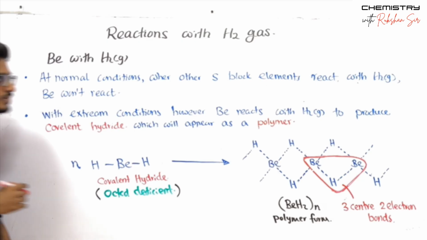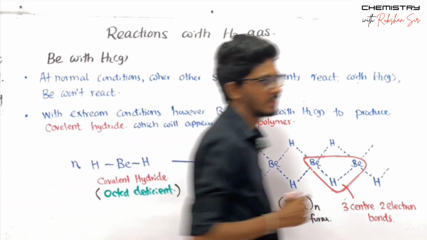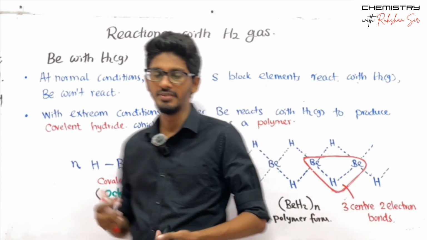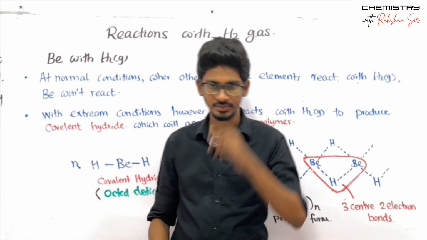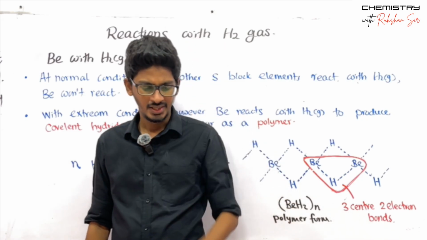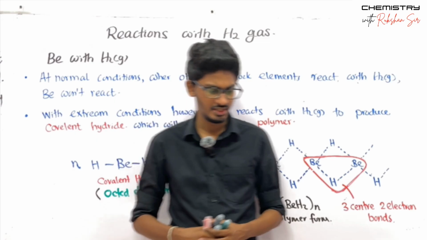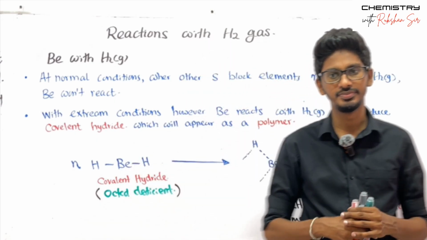Right. This is what you need to know about beryllium hydride, which is covalent and which will come up as a polymer. Okay. Let's move to the next session, which is at page number 10 of your unit.